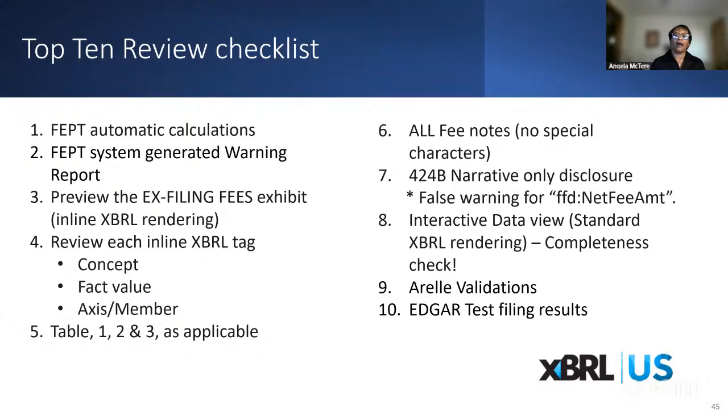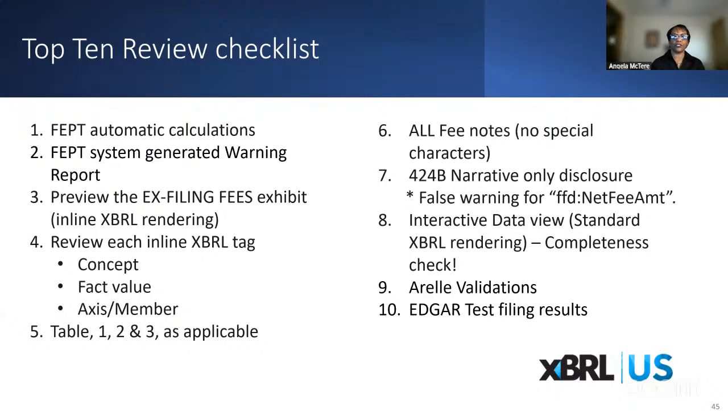So fee notes, and also the securities names, no special characters. Okay. 424B narrative only disclosure. These are the 424Bs that are filing for final prospectus, only providing narrative disclosure of the aggregate offering price.